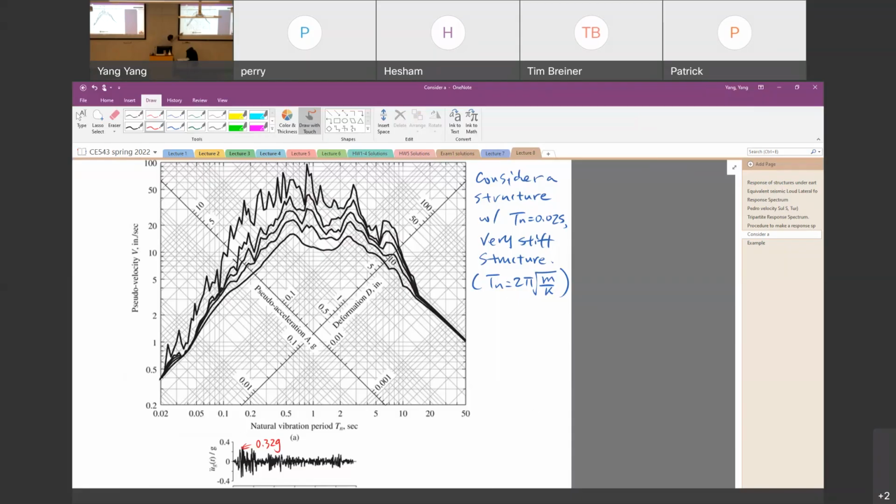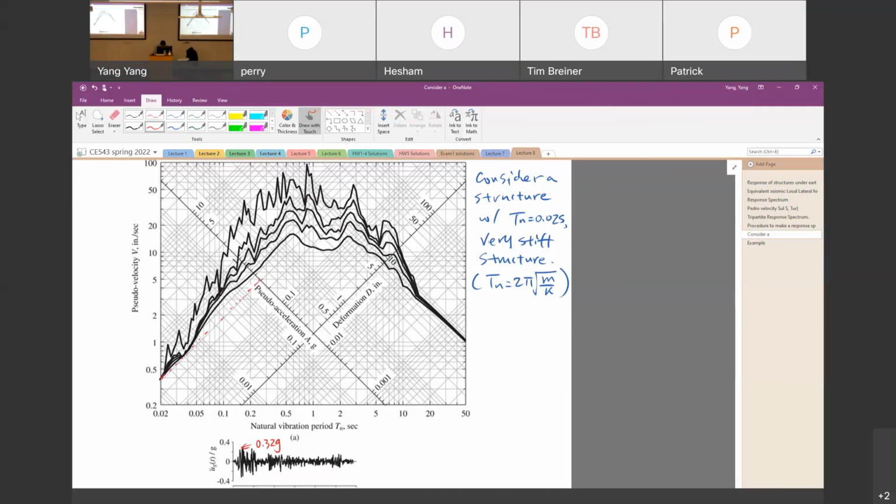Now let's take a look at the response of the structure. What is the pseudo acceleration of the structure here? It should be somewhere here, correct?